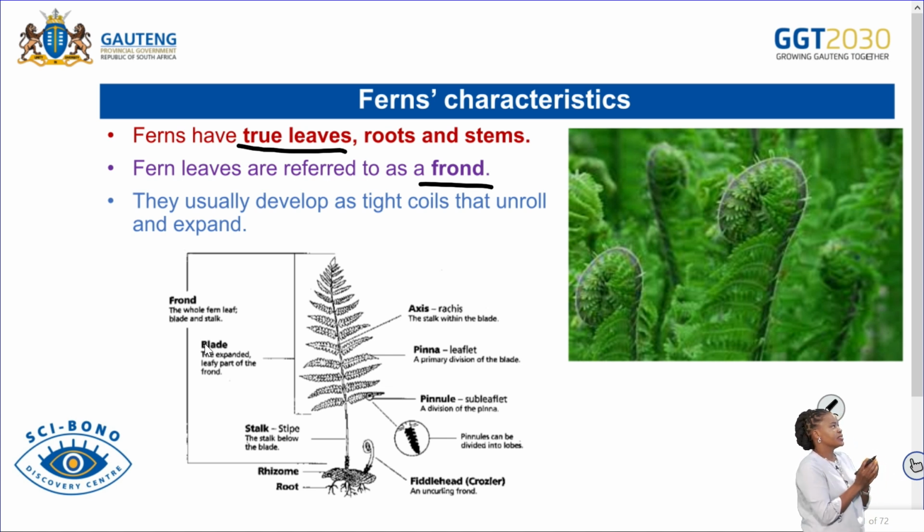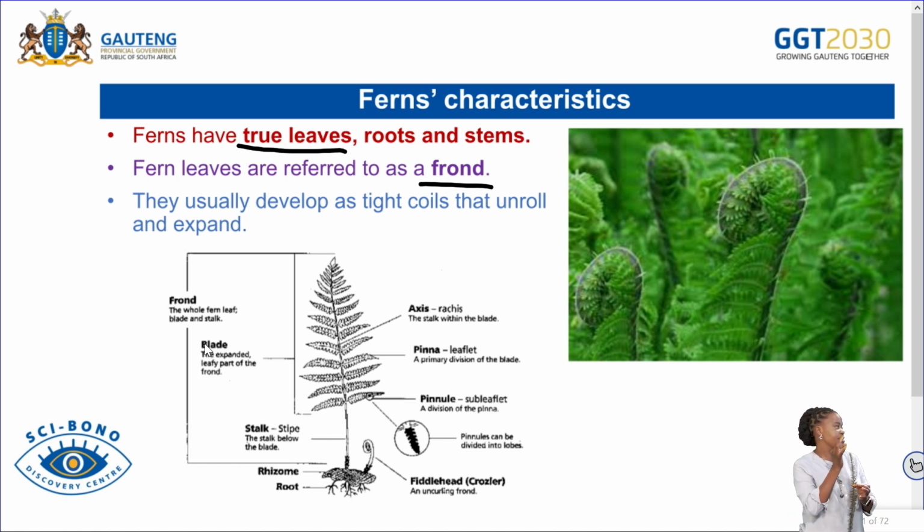They usually develop as tight coils, and then they start to unroll and expand as they grow. So let me quickly show you an example of the leaves of the fern. So this is how the leaves of the ferns look.